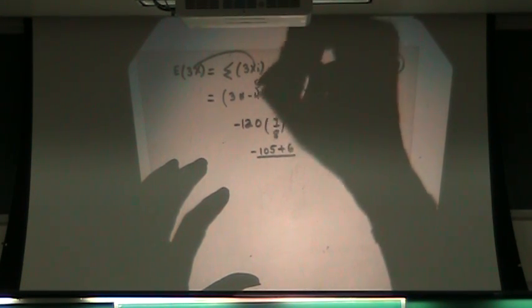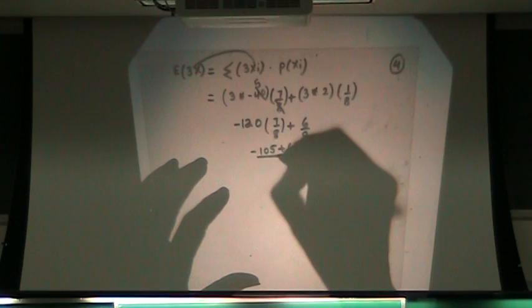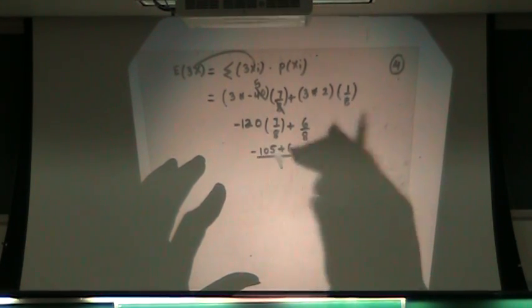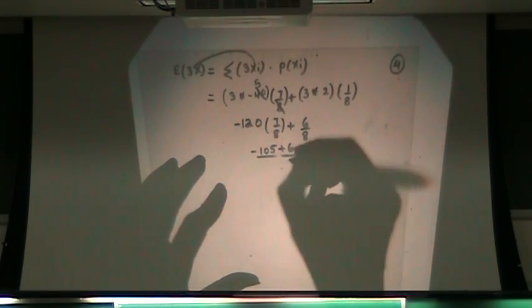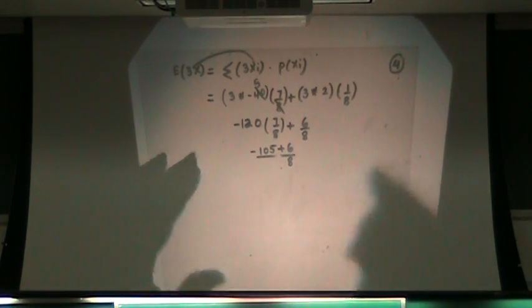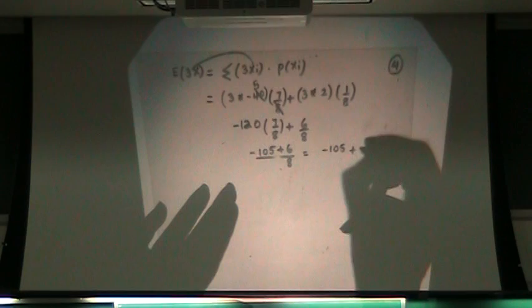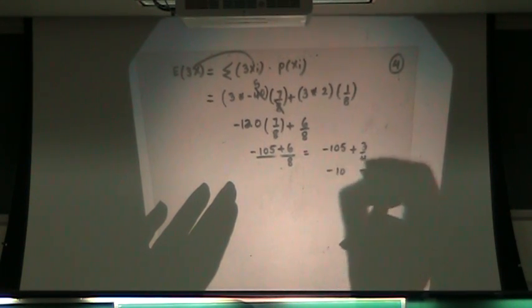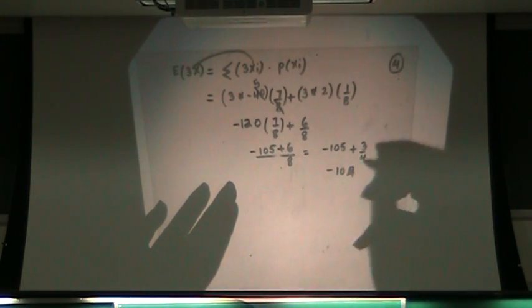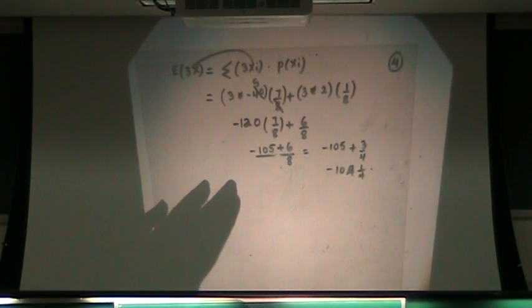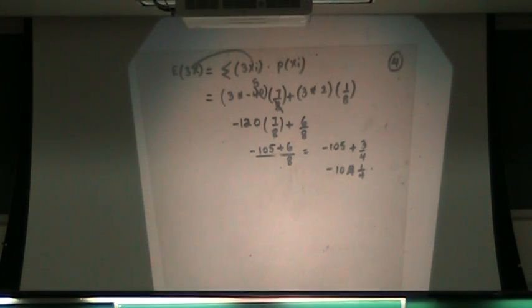Minus 105 plus 6/8, which is minus 105 plus 3/4, which is minus 104 and 1/4. Not the best way to do this problem.